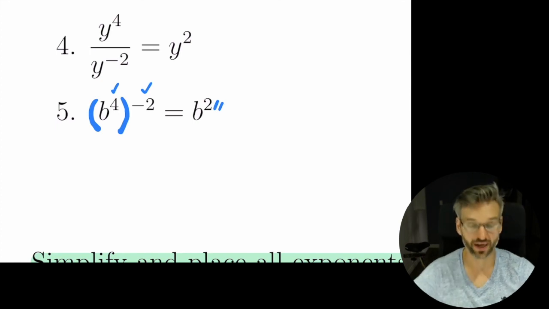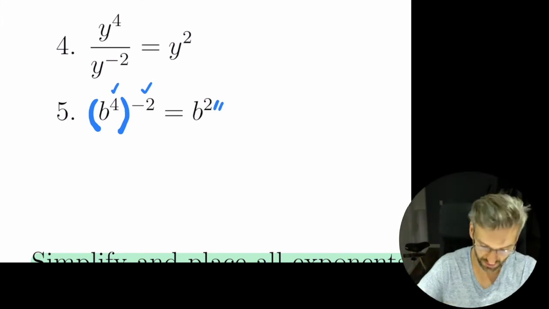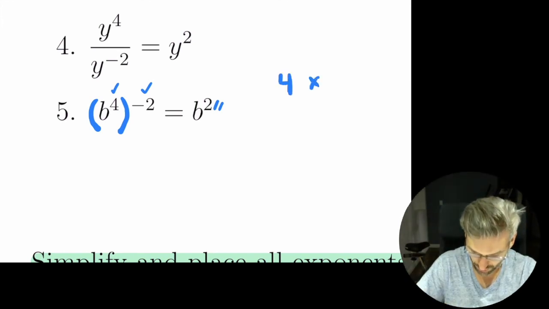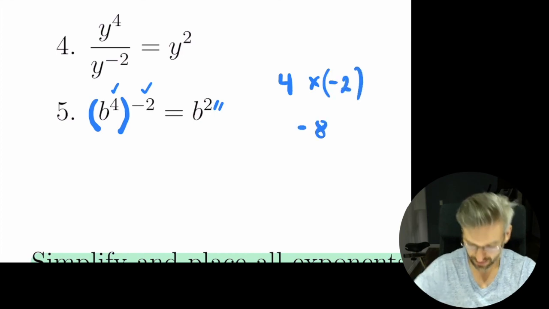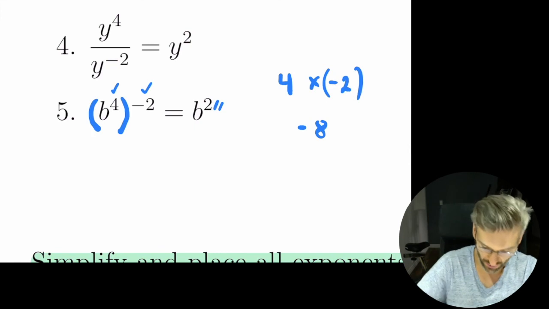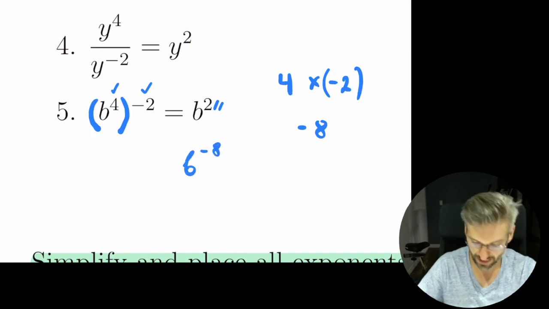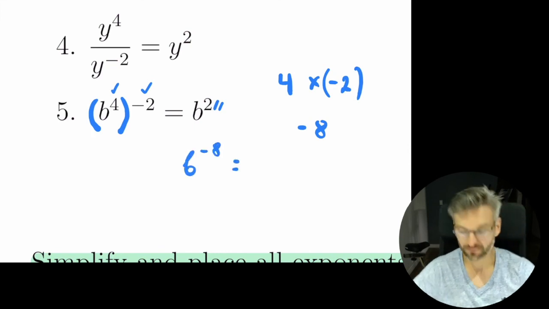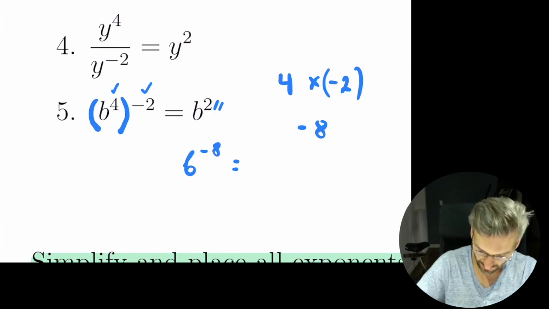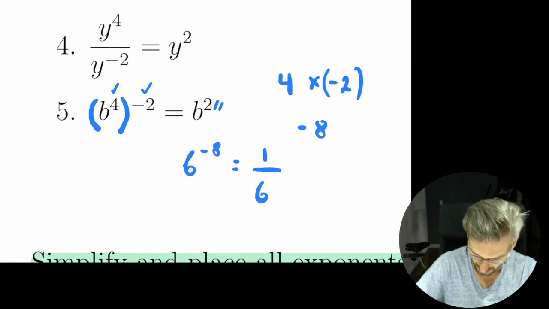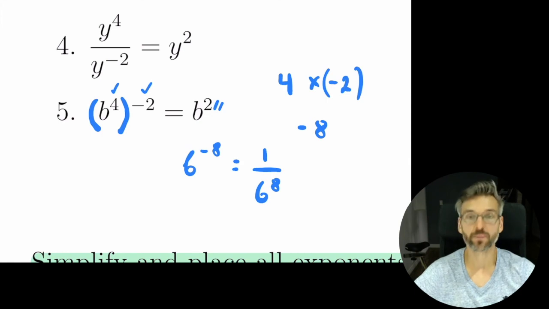Maybe they did 4 minus 2, but that definitely is not the case, because with the distribution across the exponents, you're going to have 4 multiplied by negative 2. And that would be negative 8. So you would have b to the negative 8. And if you recall, that negative just simply means b to the 8. So that's the mistake there.